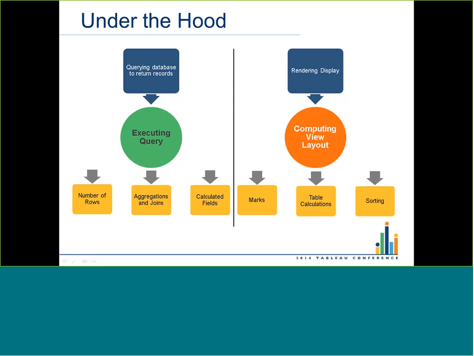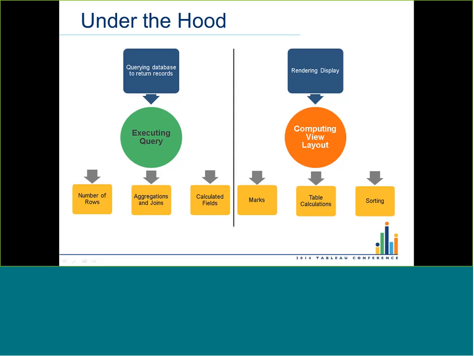Now, what happens during the first phase is Tableau queries the database to return the necessary records and generate the visualization. And in this phase, the fewer rows that are being returned, the faster it is.